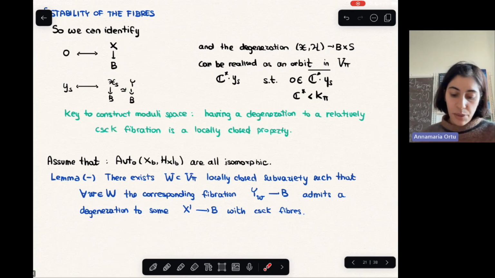And so once we fix this assumption, then we can find a locally closed subvariety such that for every point in this subvariety, the corresponding fibration, the fibration that point parameterizes, admits a degeneration to some fibration X prime over B, whose fibers have a constant scalar curvature metric.